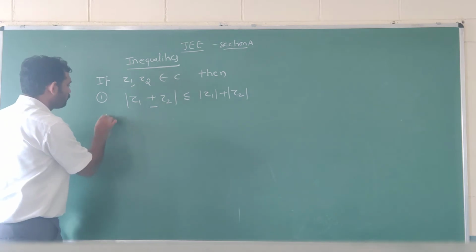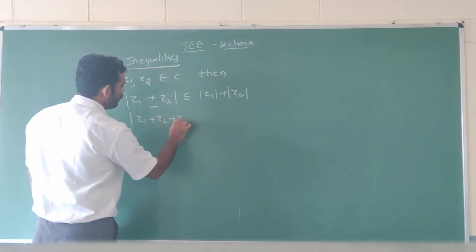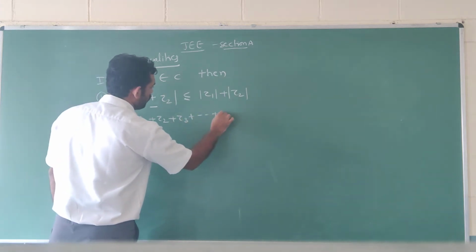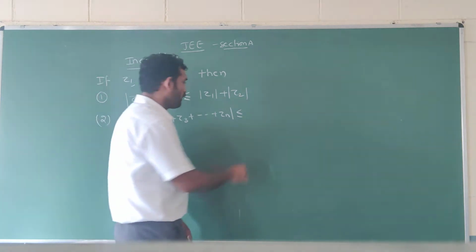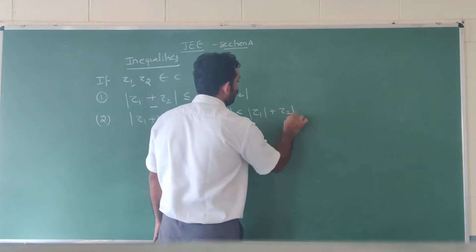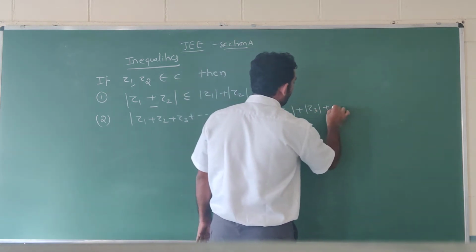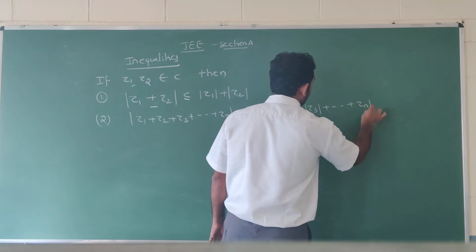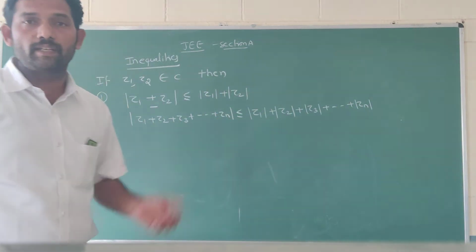Next, second one: modulus of Z1 plus Z2 plus Z3 and so on up to Zn is less than or equal to modulus of Z1 plus modulus of Z2 plus modulus of Z3 and so on, plus modulus of Zn, for a finite number of complex numbers. So that is the same point generalized.